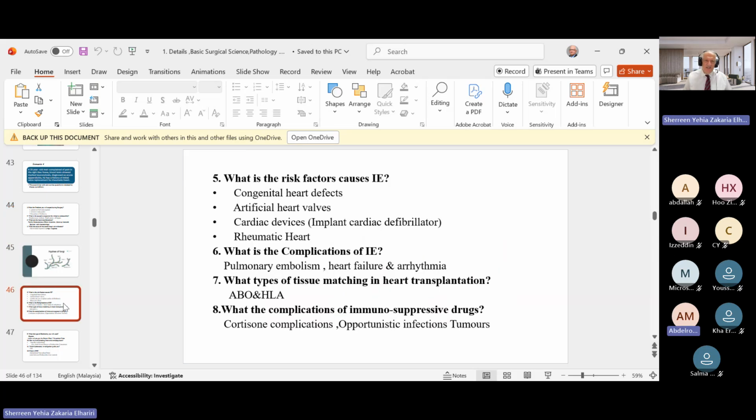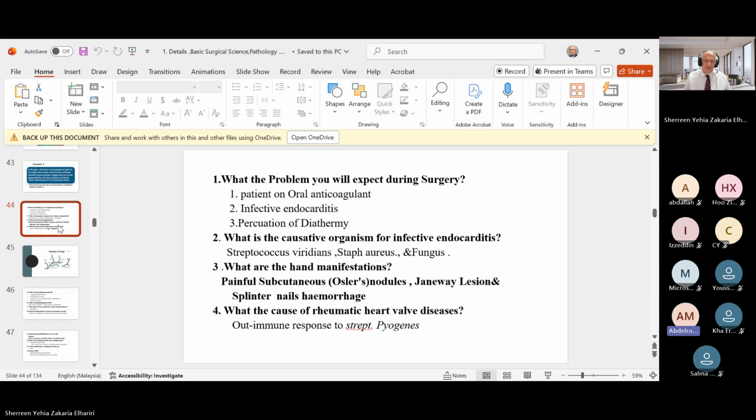Okay. In this question, I know the answer about the similarity of the bacterial antigen and the autoimmune response, but I didn't realize that the question asked about this information exactly. The question asks about the cause of rheumatic heart. What do you think is the answer?